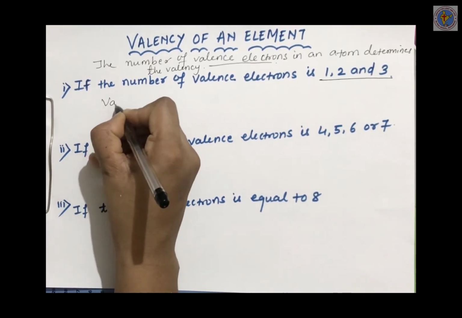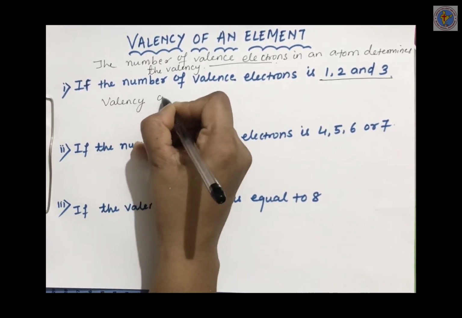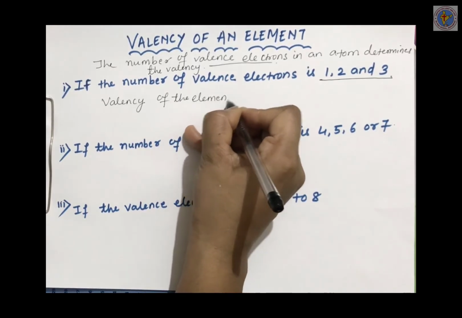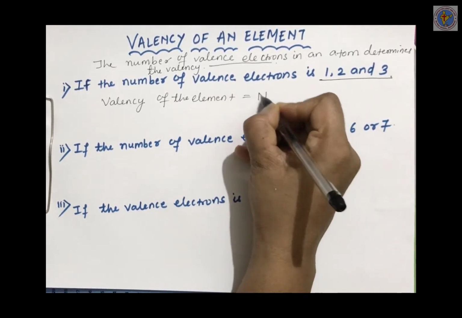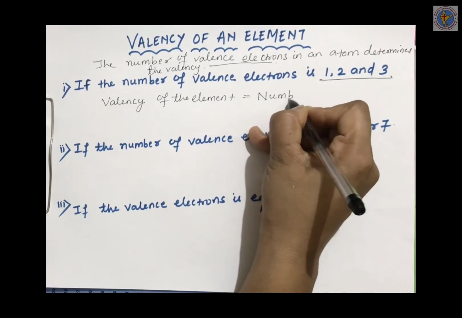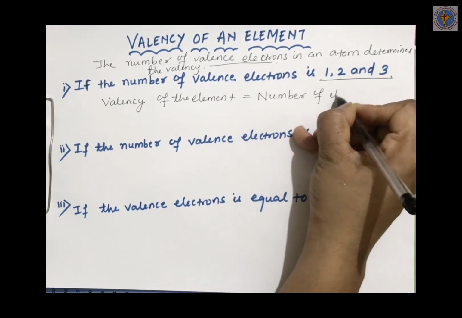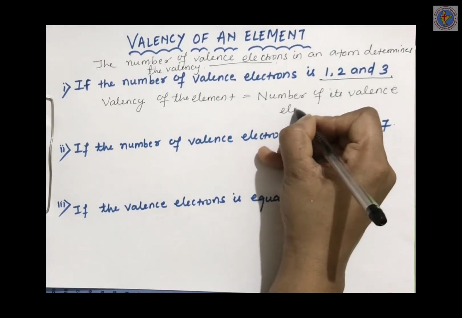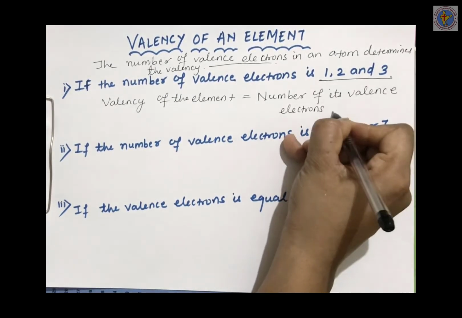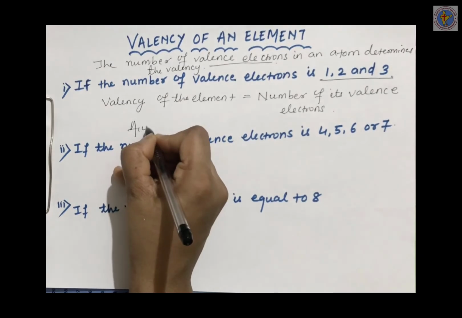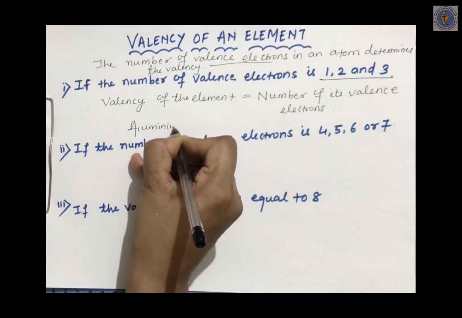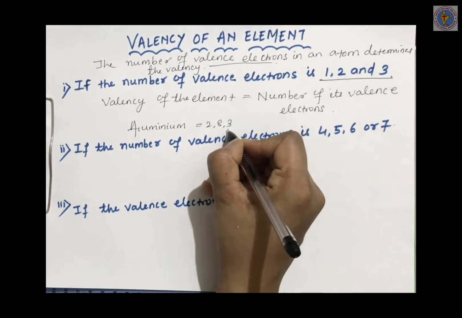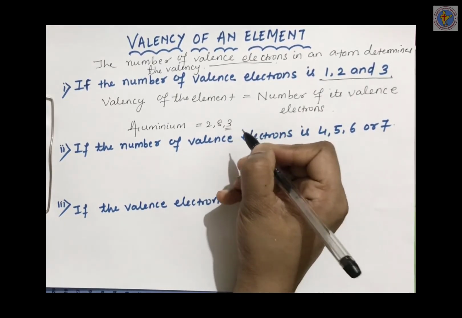The valency of the element can be found by knowing the number of its valence electrons. For example, aluminium. What is the electronic configuration of aluminium, children? It is 2, 8, 3. So what is the valence electron of aluminium? 3.